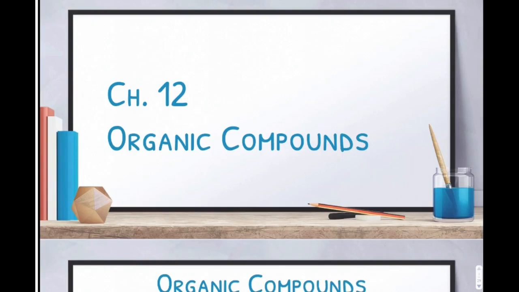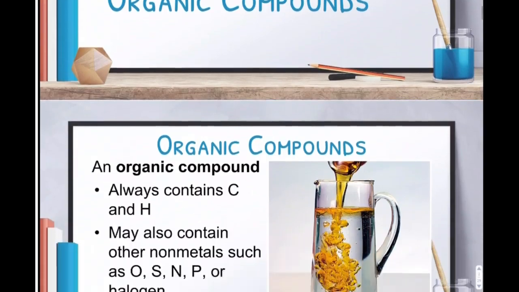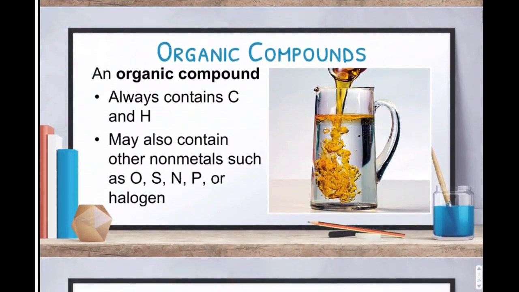Alright, so we're going to do organic compounds, and we'll get started. An organic compound has carbon and hydrogen, and typically we'll call these types of compounds hydrocarbons, meaning that they have carbon and hydrogen. But you can also have other nonmetals.